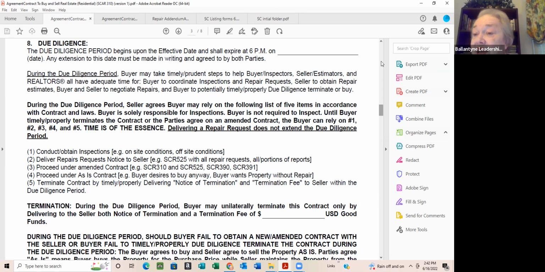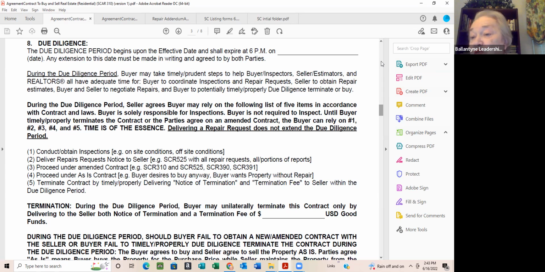And they call this a strict due diligence contract, which it is, and those of us who've been working in North Carolina know that is strictly a due diligence contract. The difference in South Carolina is that the due diligence is placed in an area regarding repairs.